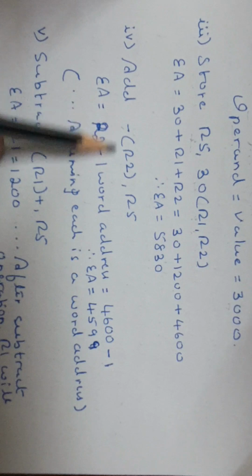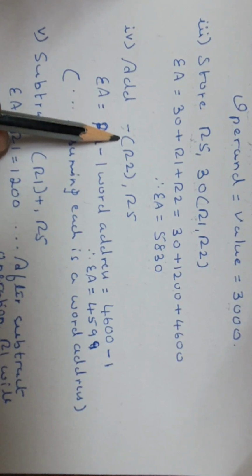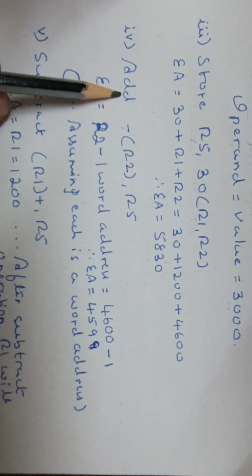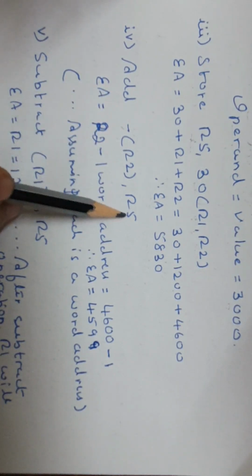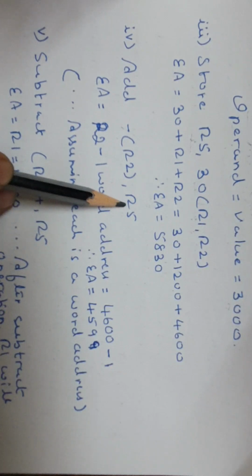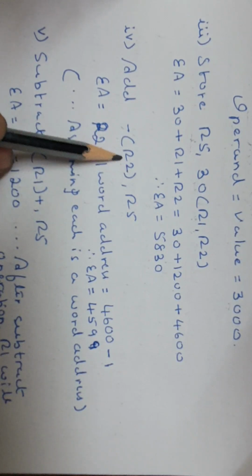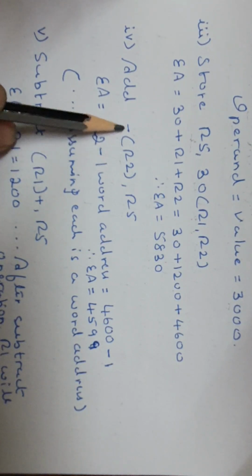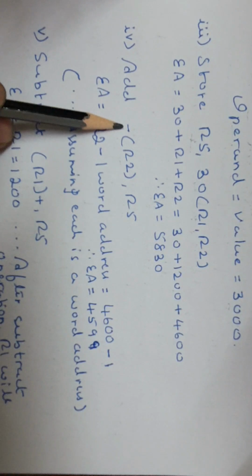This instruction belongs to auto decrement addressing mode. So add does addition operation. So this content plus this content. So one operand is in R5, another operand here bracket R2 means it is the address. R2 holds the address. What is R2 content given? 4600. So this is pre-decrement. Auto decrement addressing mode, in that it is pre-decrement.